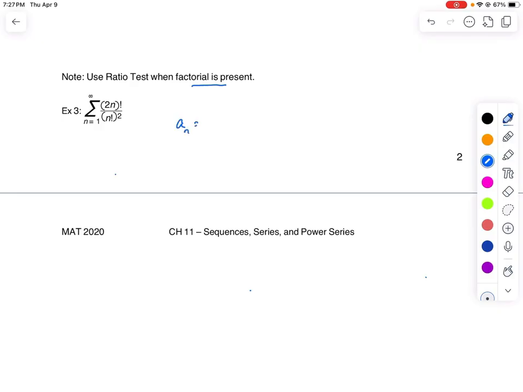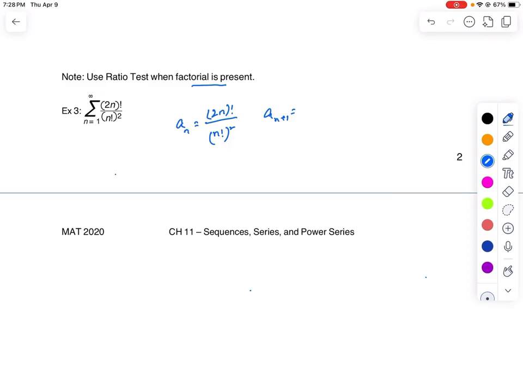So we start by finding out what is a_n. In this case, a_n is (2n)! divided by (n!) whole squared. So a_(n+1) will be, now notice the 1 is being added to n, not 2n.